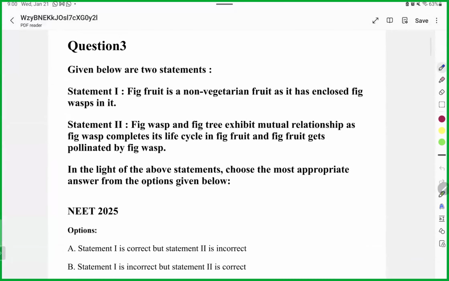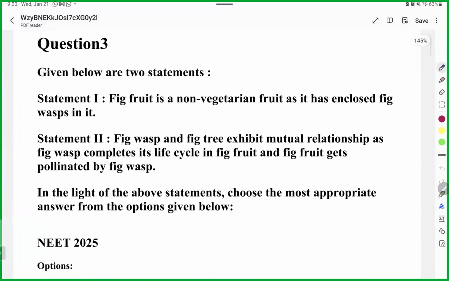Self-pollination in fig tree. Next, fig wasp and fig tree exhibit a mutual relationship, as the fig wasp completes its life cycle in the fig fruit and the fig fruit gets pollinated by the fig wasp.